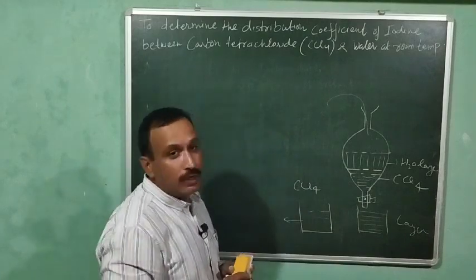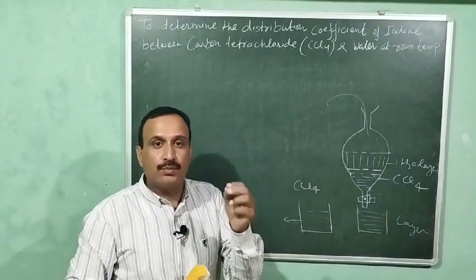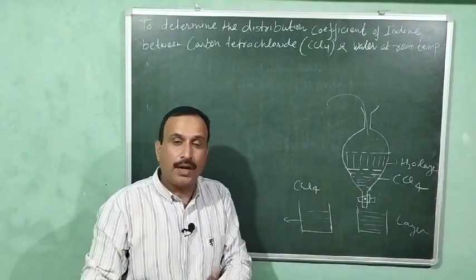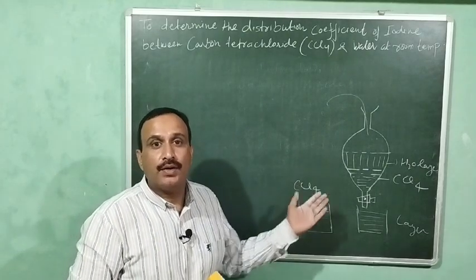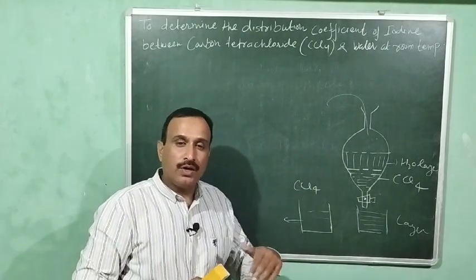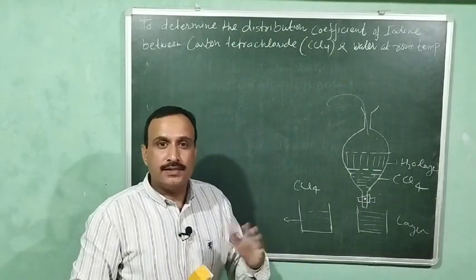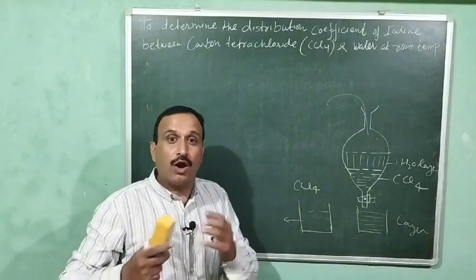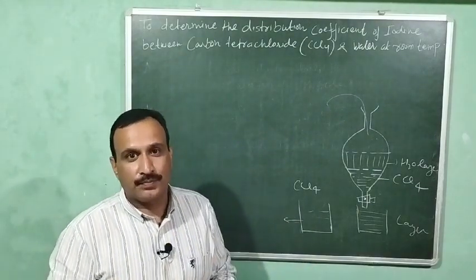So in this way the two layers of the bottle number 1 will be separated with the help of your separating funnel. So in this way the aqueous layer and the CCl4 layer of each bottle will be separated.